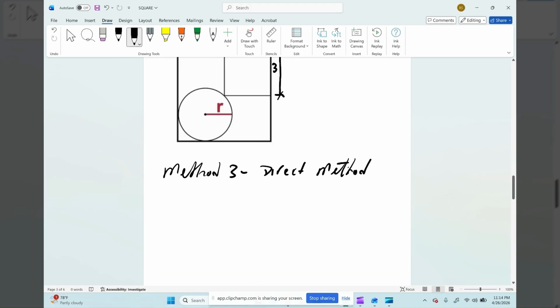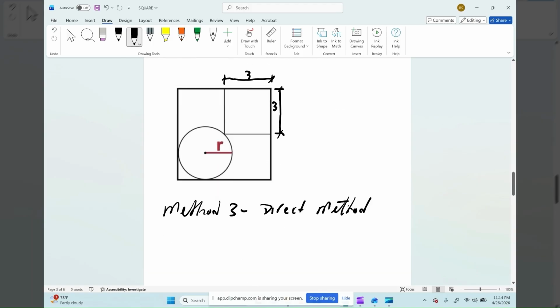Now, let's look at method number 3, which I call the direct method. Remember I said that we can break this into 4 different squares, where every length is 3, and we know that this is 6.